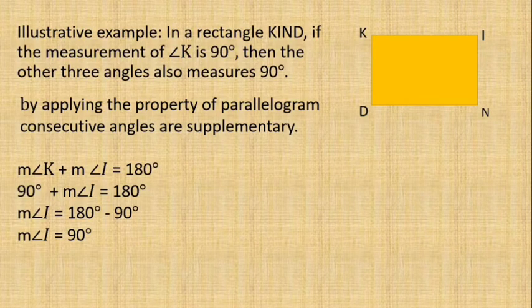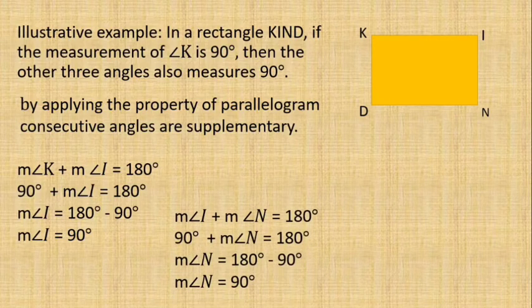Since angle K is equal to 90 degrees, plus the measure of angle I is equal to 180 degrees. Then, perform the operation. The measure of angle I is equal to 180 degrees minus 90 degrees. So, the measure of angle I is equal to 90 degrees.